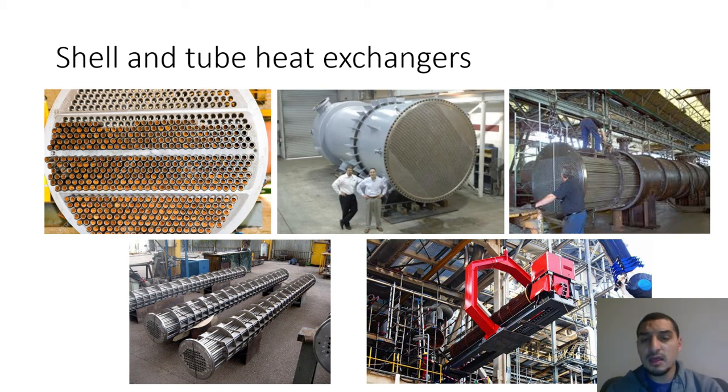While the fluid flowing in the shell is going to be contacting the tubes from outside and contacting the shell from inside. So it's flowing in here, contacting the shell and the tube. And this is a pretty important point, because it's going to affect the routing of the fluids.